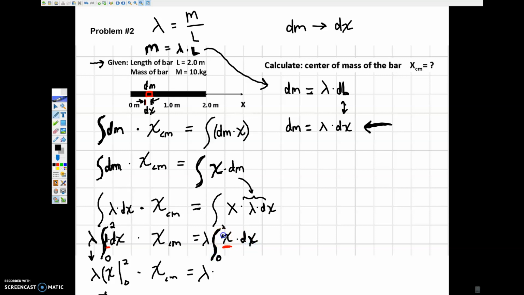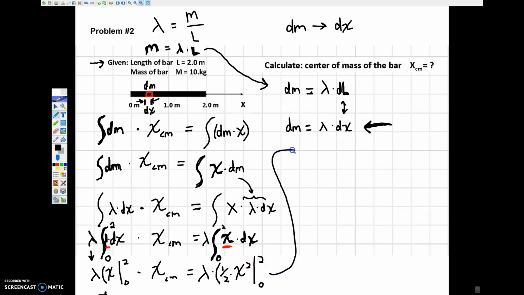So I'm going to take the antiderivative of this x right here, and that's going to be 1/2 times x to the second power, using the power rule in reverse. And you could check it. If you took the derivative of 1/2 x squared, what would you get? You would get that x right there. And then I have to put in my boundary conditions between 0 and 2.